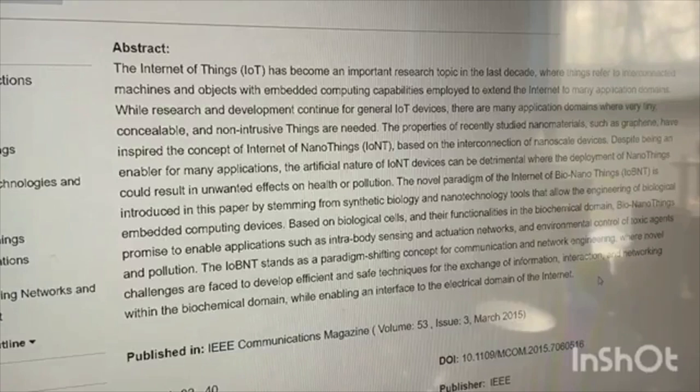The Internet of Bio-Nanothings stands as a paradigm-shifting concept for communication and network engineering, where novel challenges are faced to develop efficient and safe techniques for the exchange of information, interaction, and networking within the biochemical domain, while enabling an interface to the electrical domain of the Internet.